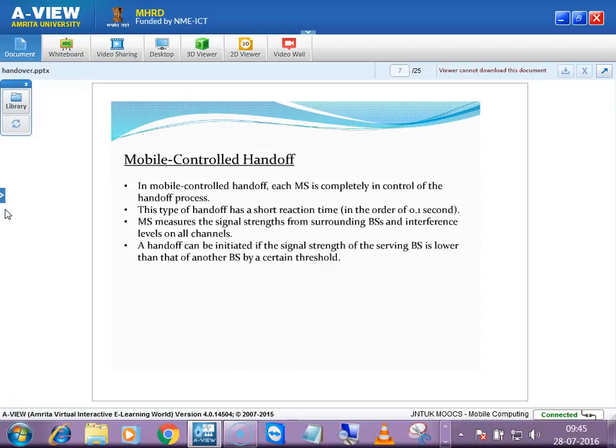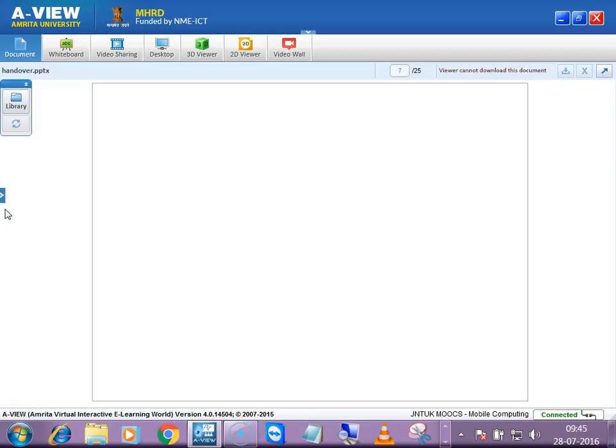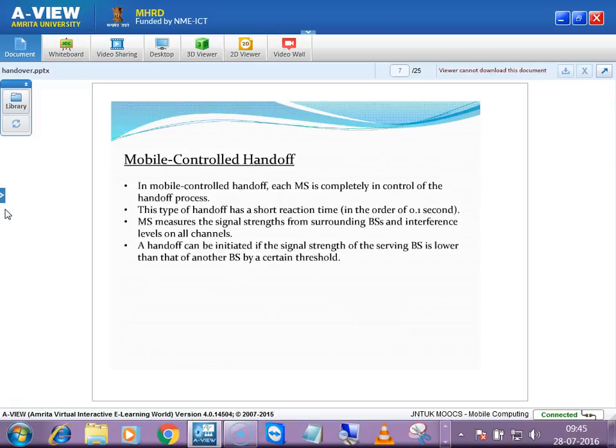Mobile controlled means the difference is, here the network is doing the handover directly, here the mobile is assisting, saying these are the reports, based on this select some better tower and provide me handover.